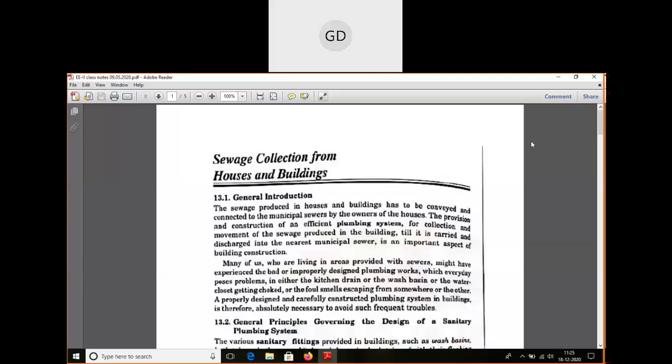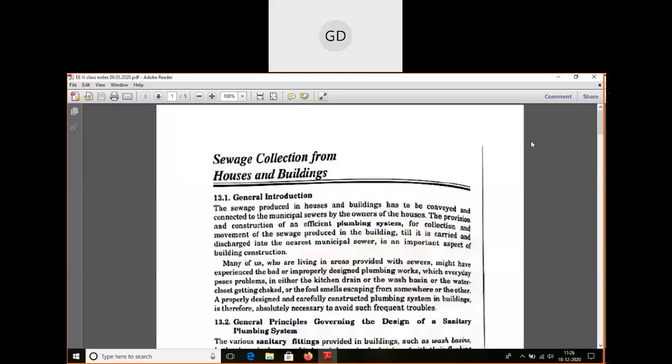Okay, and this one is your module 5, that is the plumbing system. We will be studying here only the sewage collection that is done from the houses and buildings, and also the plumbing system.